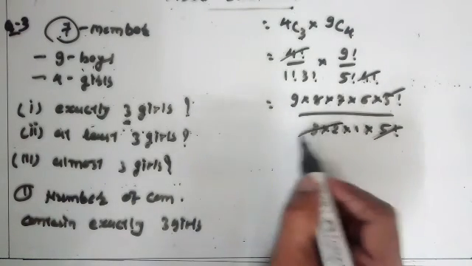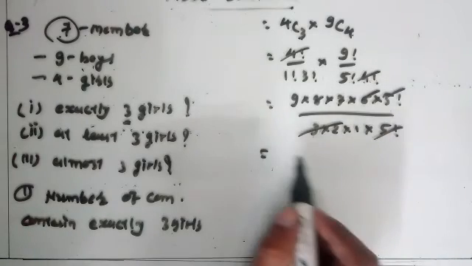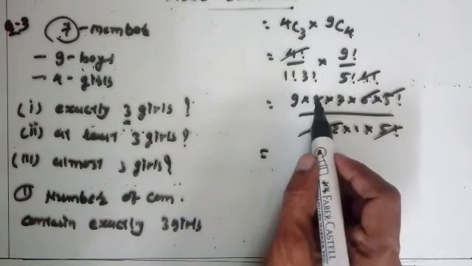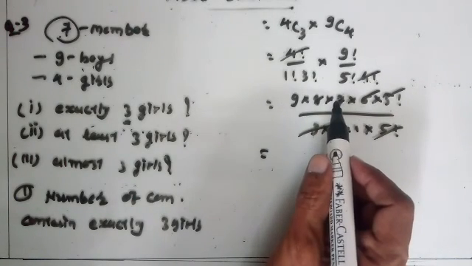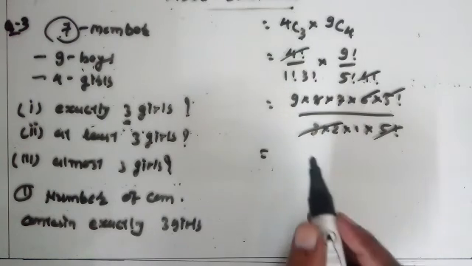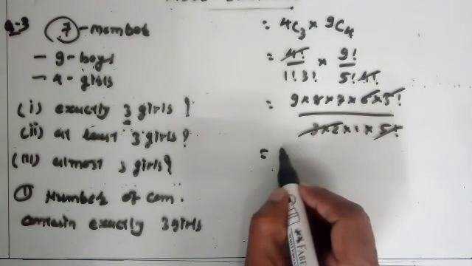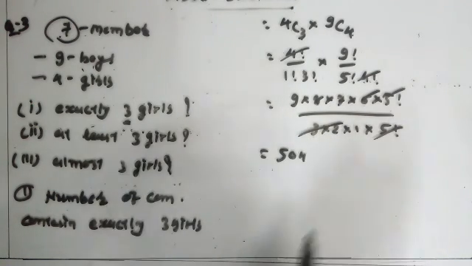Here 3 twos are 6 cancels. So it is equal to 9 into 8 into 7. Using a calculator we find this number: we have 504. Okay.